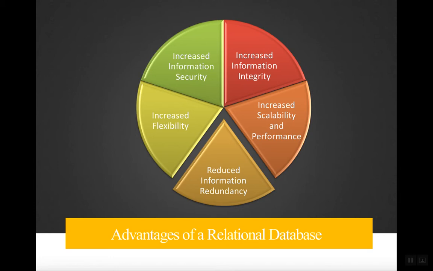All right, and the idea is the relational database defines a set of rules that allow for flexible access. It provides for information security and integrity, performance, and reduced redundancy of data. Ultimately, the goal and objective is to have correct data.